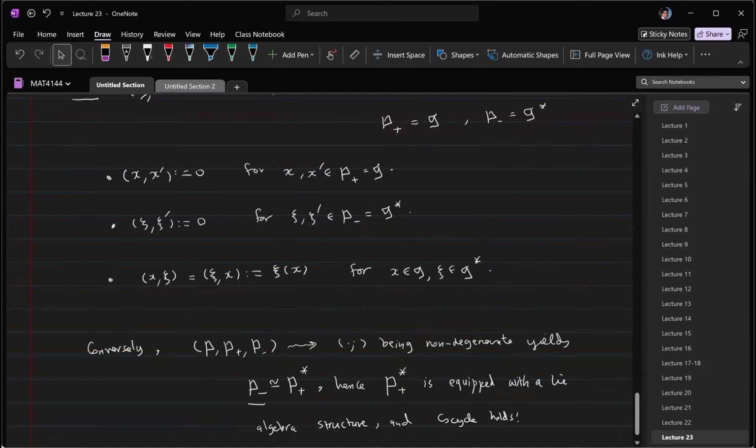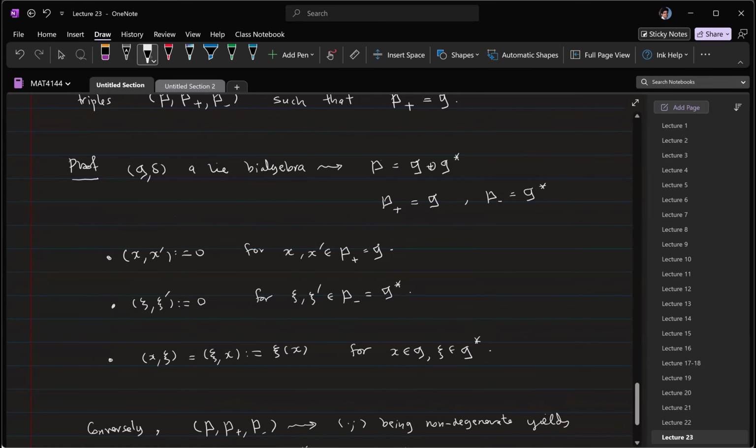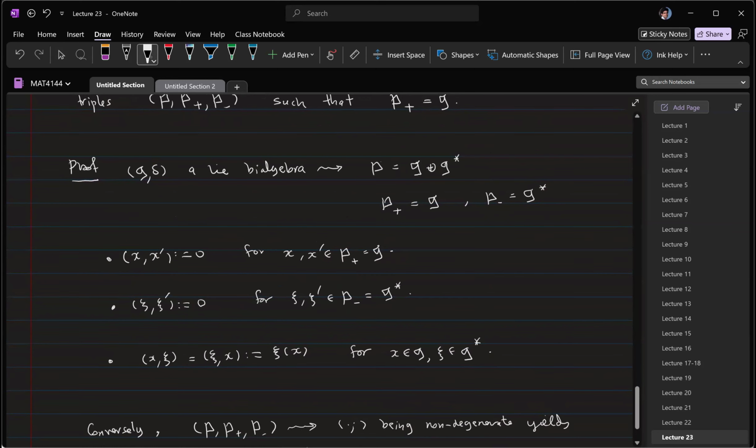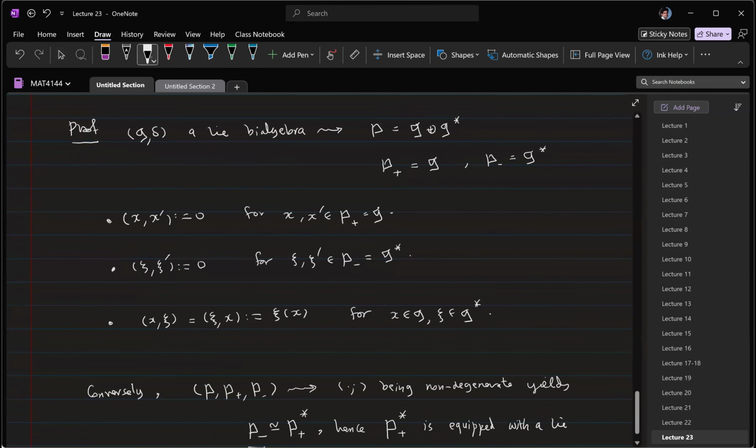What I didn't tell you is, starting from this bialgebra, Lie bialgebra G delta, how I get a Lie algebra on G plus G star. I didn't tell you yet. Okay. So in order to check that this bilinear form that I defined here is indeed invariant, I need a Lie algebra structure.